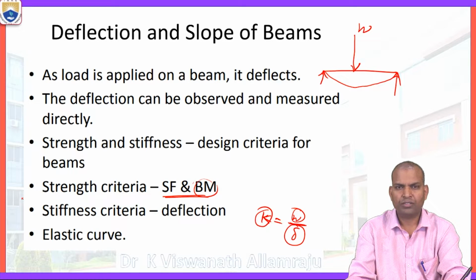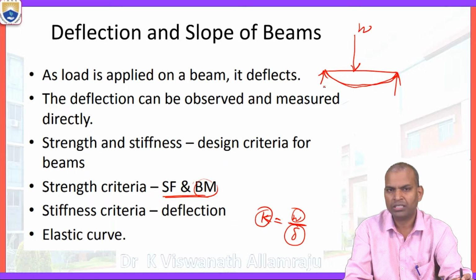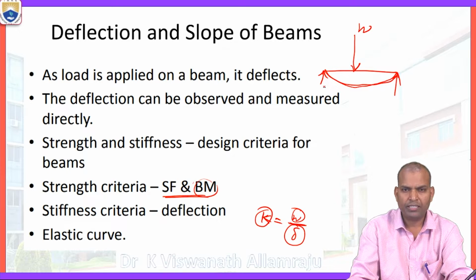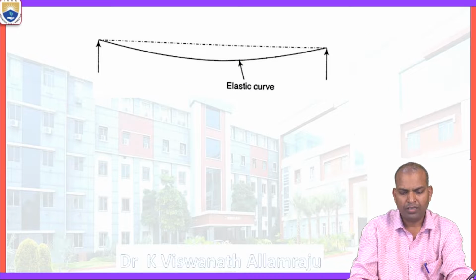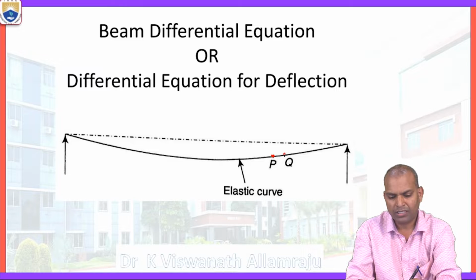When the load is applied on the beam, the beam will be deflected or bent in this direction, like a curve. This curve is known as the elastic curve. So let us find out the governing differential equation of a beam. After applying the load, consider an element of the elastic curve, that is PQ.